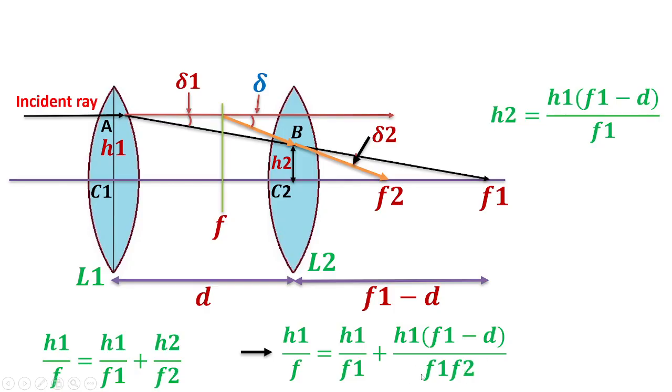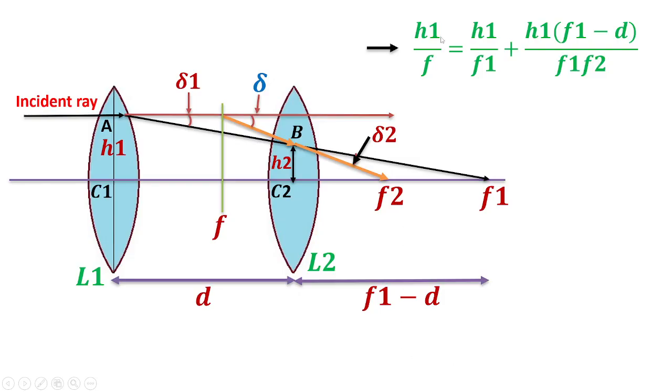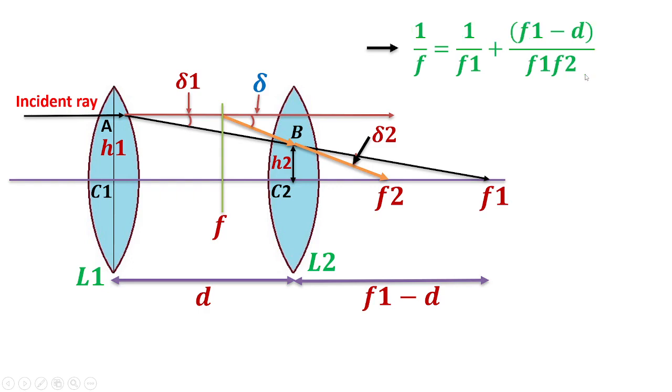So f1 into f2 takes place. Now h1 divided by f is equal to h1 divided by f1 plus h1 into bracket f1 minus d divided by f1 into f2, which further gives us 1 divided by f is equal to 1 divided by f1 plus bracket f1 minus d divided by f1 into f2. h1 gets cancelled. That is why we get this equation.